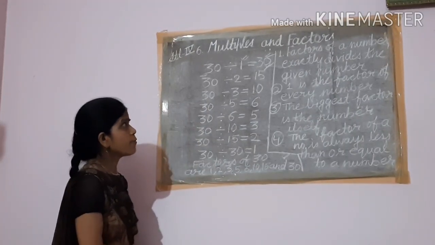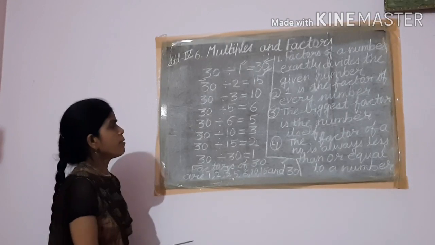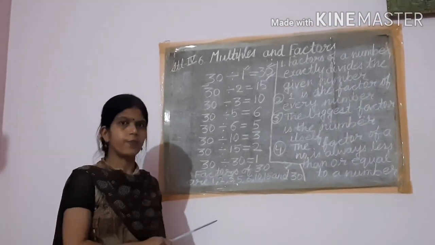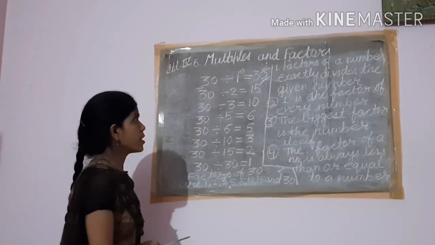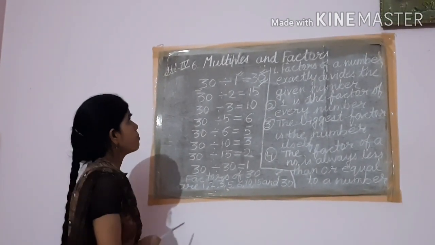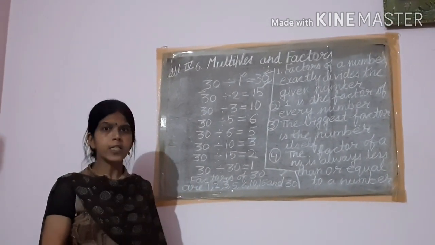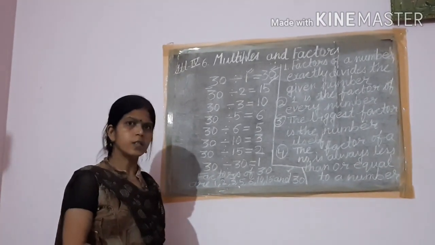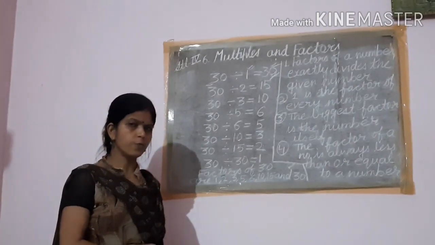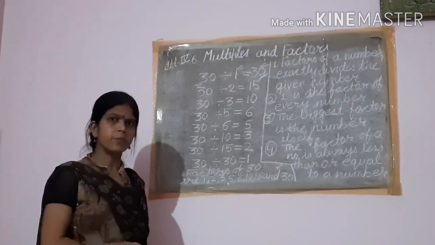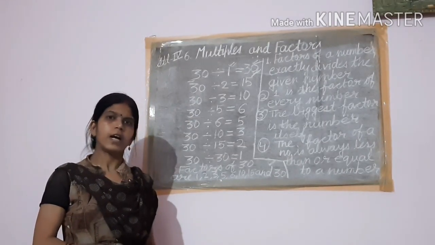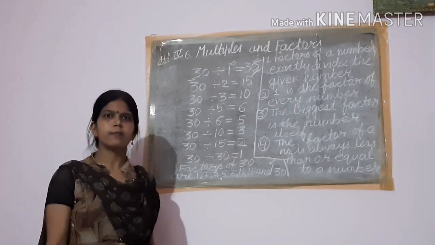And the last fact is every number except 1 has at least 2 factors. So I hope children you have learned what a factor is and how to find factors. So children, you will practice at home, take some numbers and try to find the factors. In the next class, I will teach you about multiples. Thank you children.